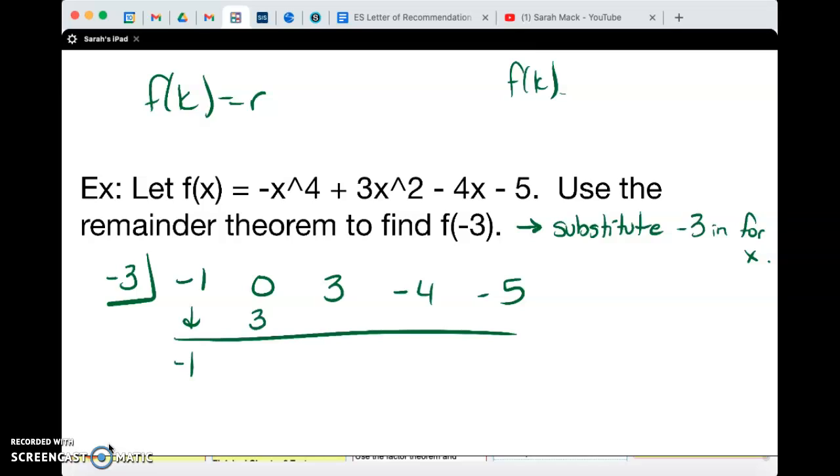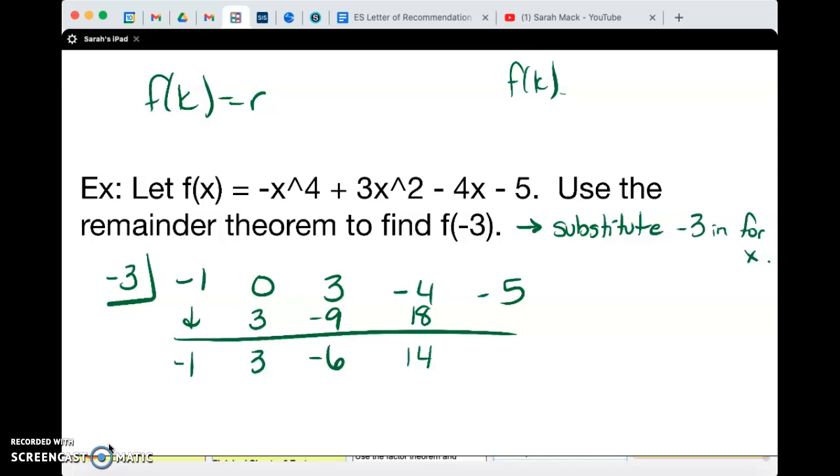Multiply, add. Multiply, add. Multiply, add. So you don't switch the sign? No. We're going to check it, though, just to make sure.